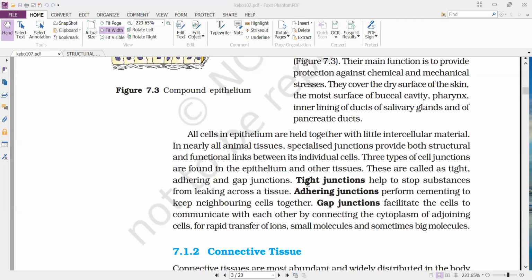And the next one is adhering junctions. The name itself is adhering; adhering means which helps in attachment. Adhering junctions perform cementing to keep the neighboring cells together. That means they form a cement like the cement present between one brick and another brick.